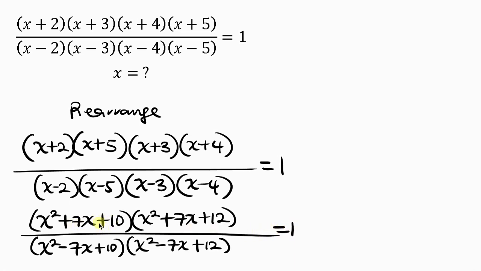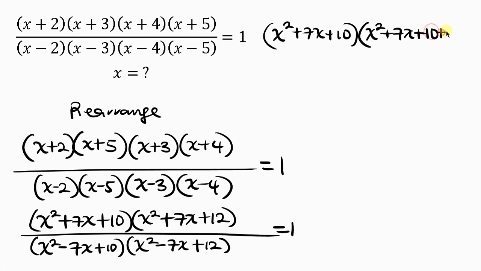Now, I want to make what is inside of this bracket resemble what is here. So our next step will be for us to split 12 into 10 plus 2. So let's do that here. We have x squared plus 7x plus 10 times x squared plus 7x plus, now split 12 into 10 plus 2.